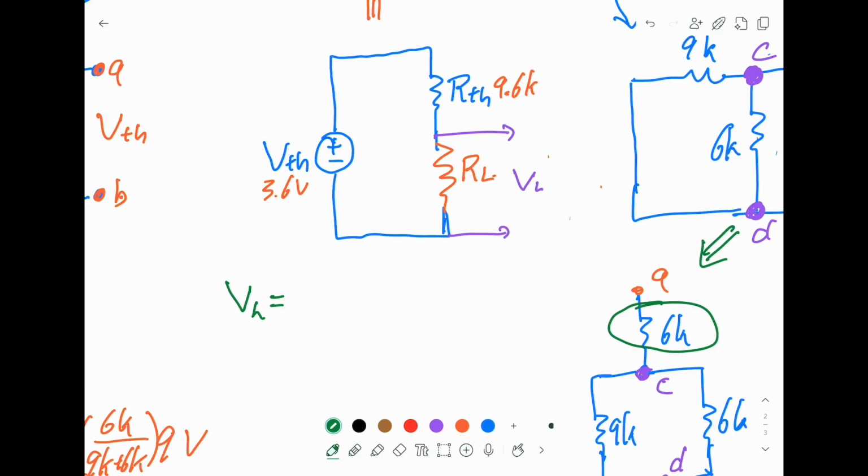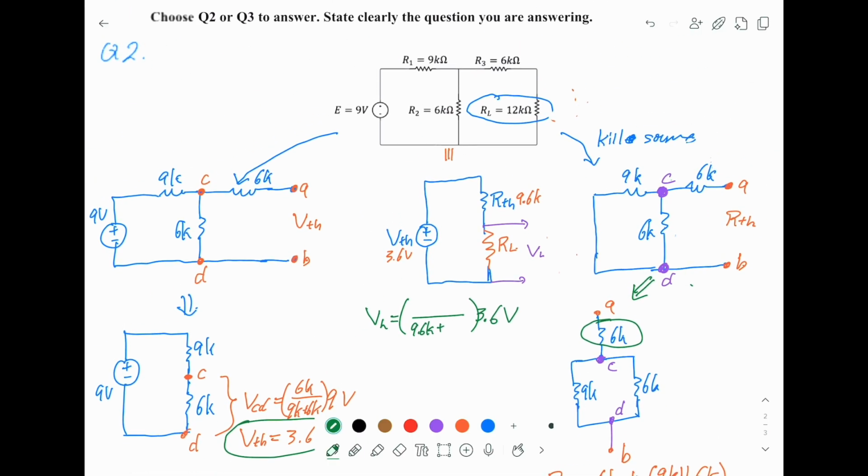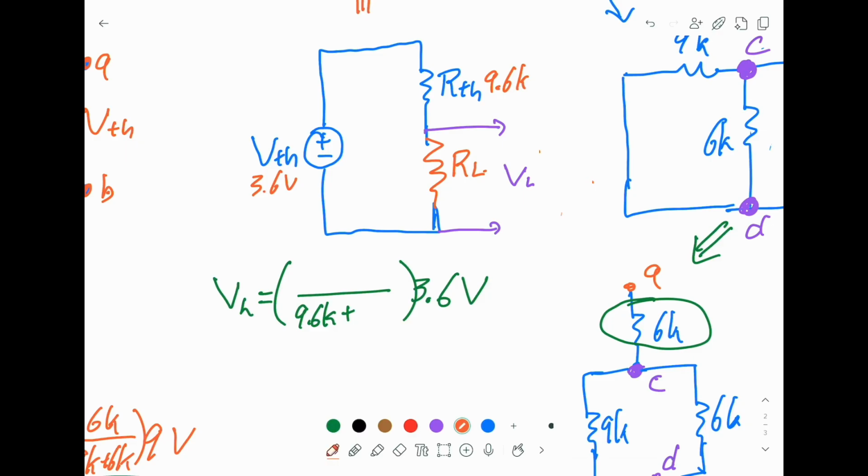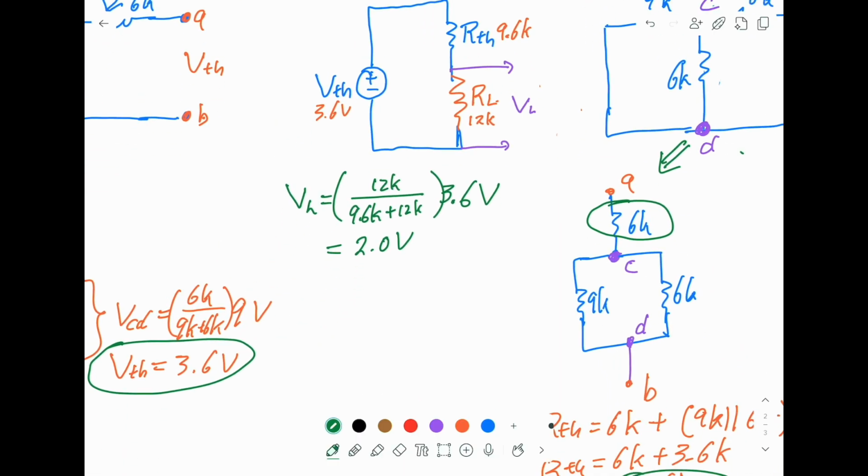So there must be 3.6 here. And the proportional constant denominator is the sum. So this is 9.6K plus RL. RL is 12K. So we just put the 12K here, and this is 12K since we want to get the voltage across RL. We plug this into your calculator, and you will find this is equal to 2.0 volts. How about the current?